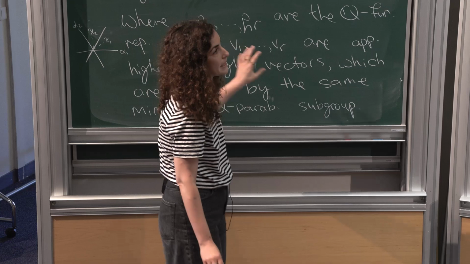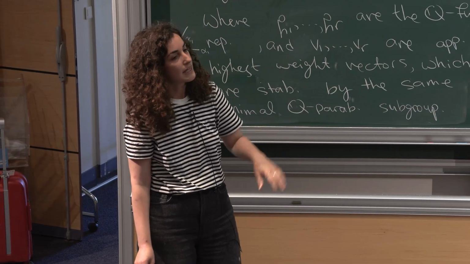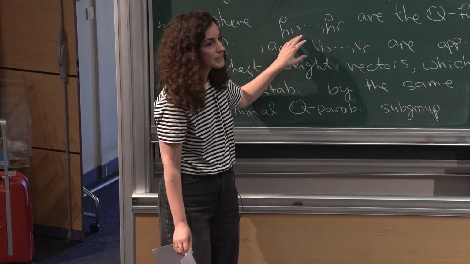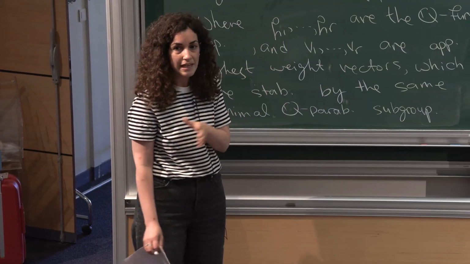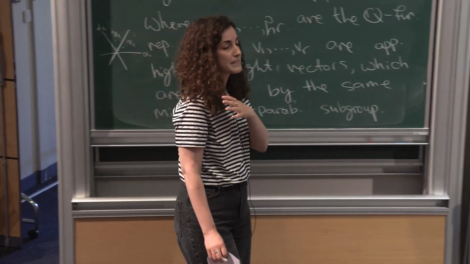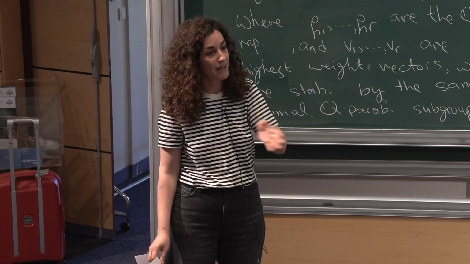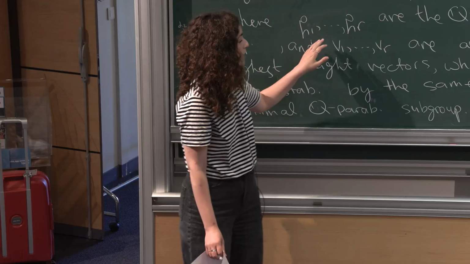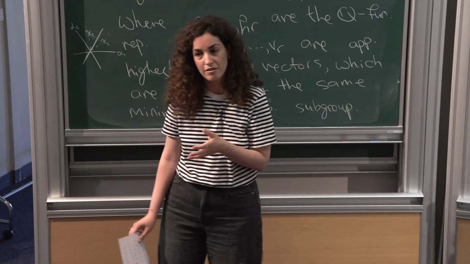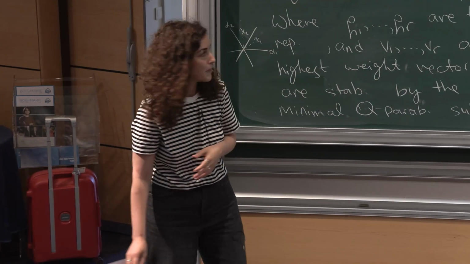For example, in the SL_n case, these Q fundamental representations are going to be the standard representation, just acting on R^n by left multiplication, and the wedge products of the standard representation.